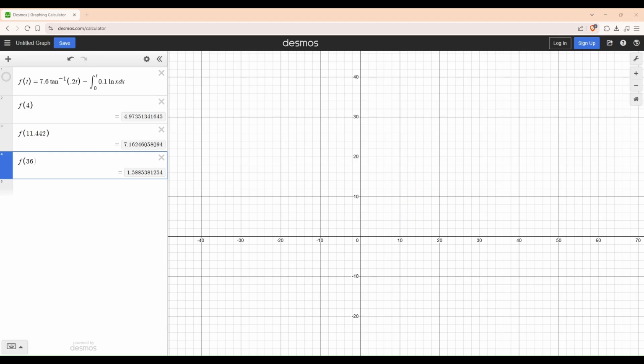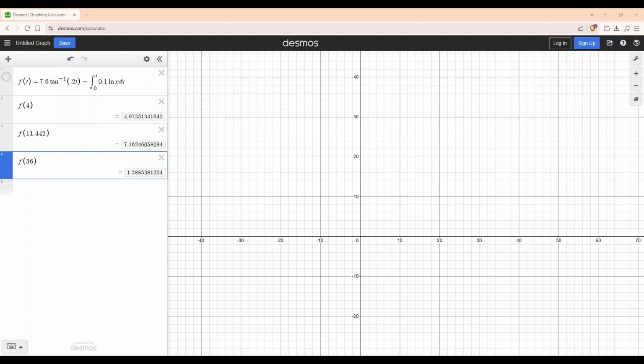So if I do the setup, it looks like this. You can try to absorb what I wrote here. I just wrote the expression as it is. The only difference is that I wrote A of t as F of t, and this entire expression just like this in terms of t. Now I just have to plug in F of 4, because automatically it will type in 4 at every t and calculate this. Likewise, F of the critical point and F of 36.